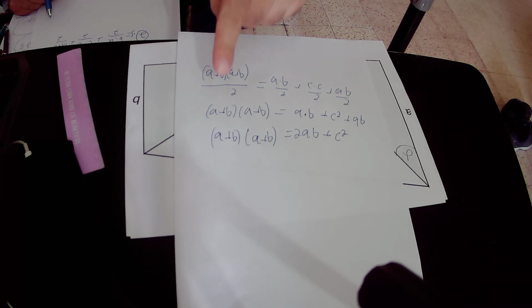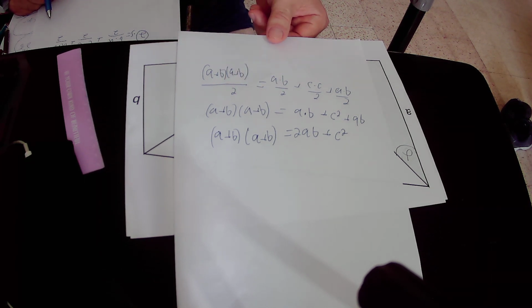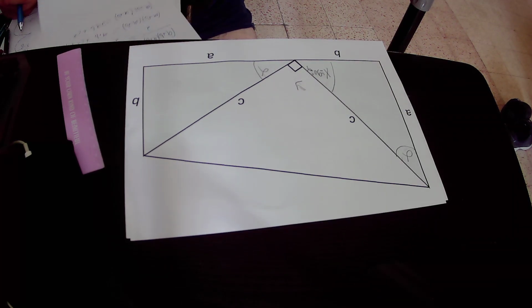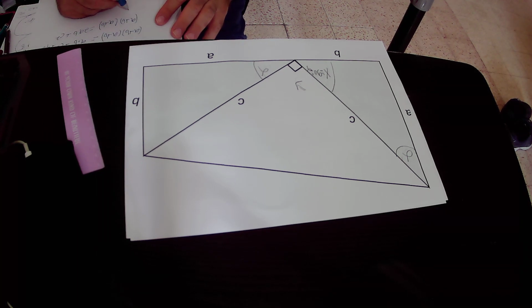Now we will open the brackets of the left side. So a times a is a squared, plus a times b is ab, b times a is ba, and b times b is b squared, equals 2ab plus c squared.